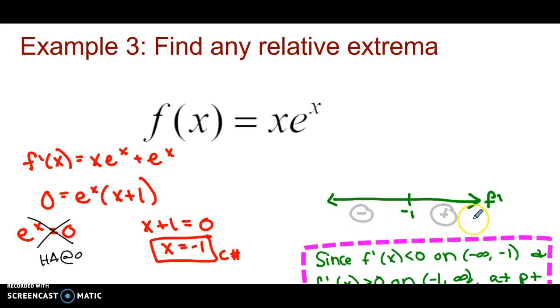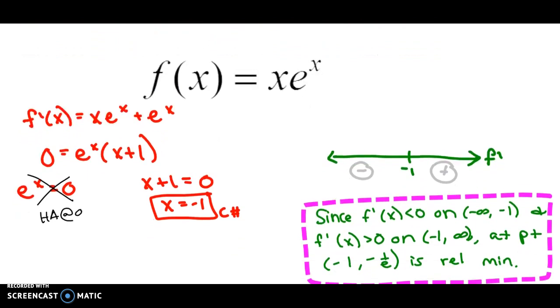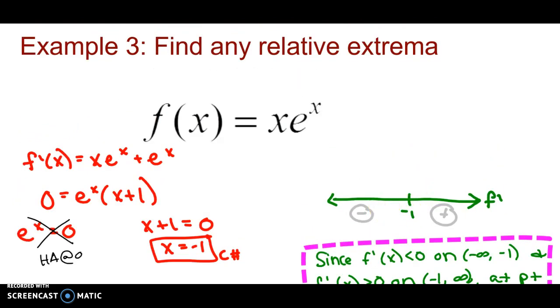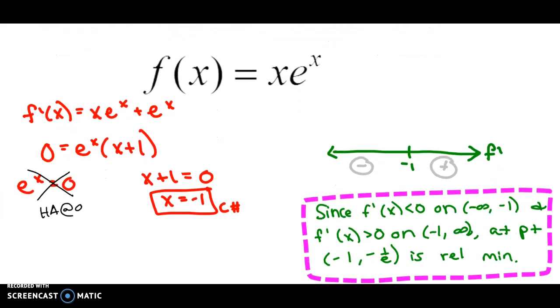I plotted my increasing, decreasing chart using my first derivative test and my derivative speak. I said since f prime of x is less than 0 on negative infinity to negative 1, and f prime of x is greater than 0 on negative 1 to infinity, we know that at the point negative 1, over e, is a relative min.